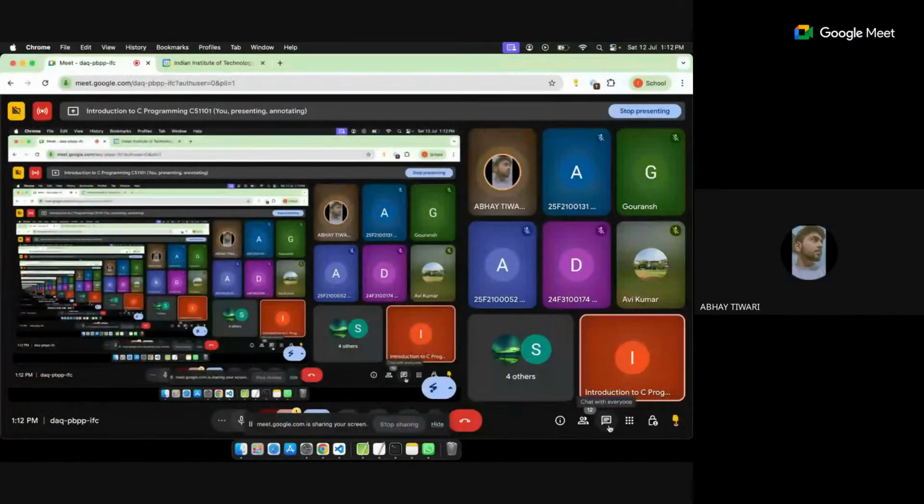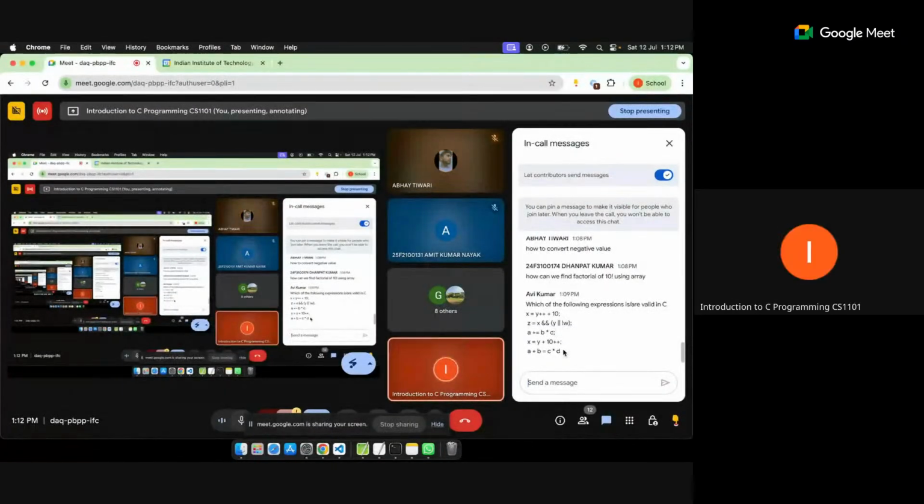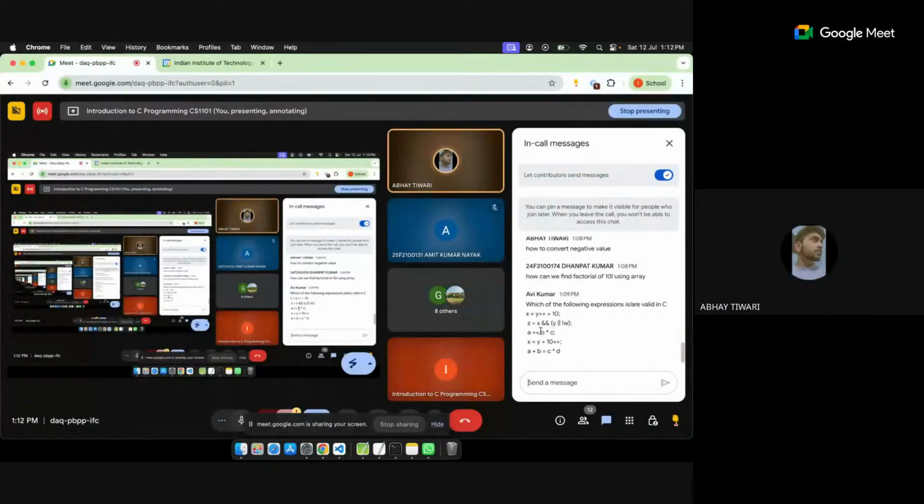Ma'am, after taking 2's complement, do we have to change the sign also? No, after taking the 2's complement, 1 becomes 0 and 0 becomes 1, then you add 1 to it. That's it. If you are using sign and magnitude, in that case, just change the MSB to 1. Okay, ma'am. Thank you.